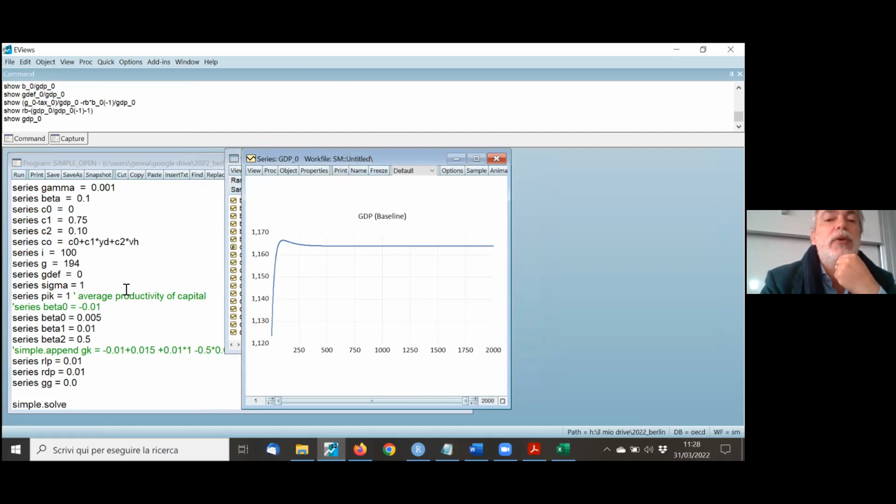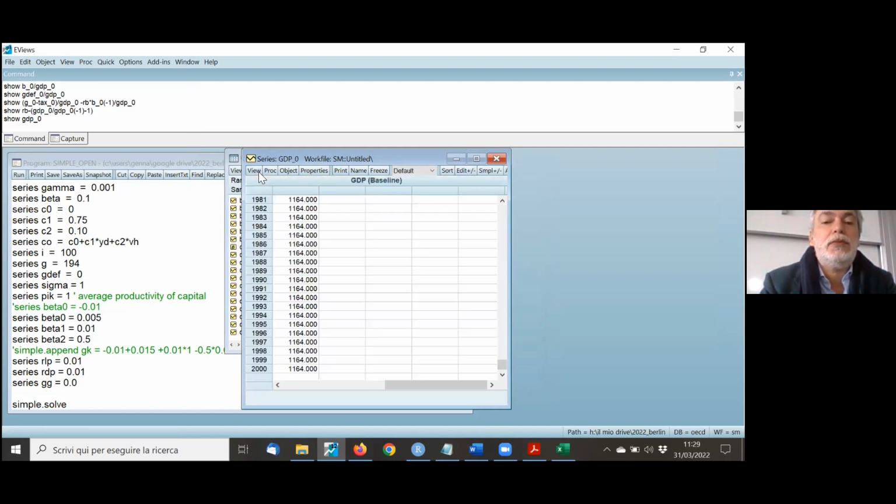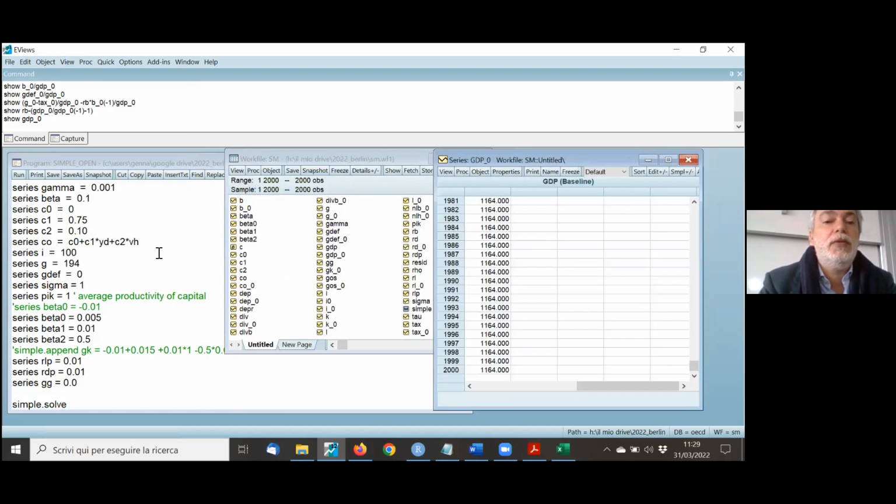So now we should be able to find reasonable values for exports and imports that are coherent with this steady state value of GDP. GDP is 1164.